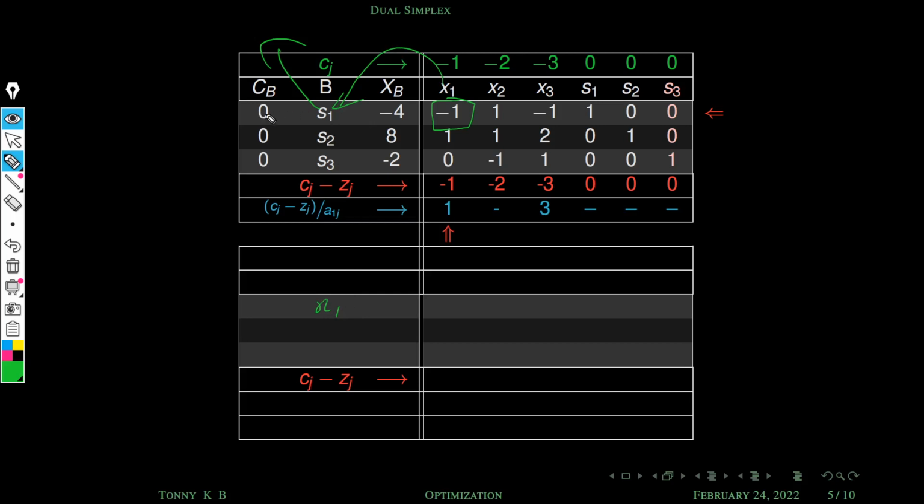And what is the cost of x1? The cost of x1 is minus 1. So this is the change in this portion. There is no change in these two variables. So next we have to multiply minus 1 with this row of entries. So this is 4, this is 1, this is minus 1, this is 1, this is minus 1, 0, 0. Clear?